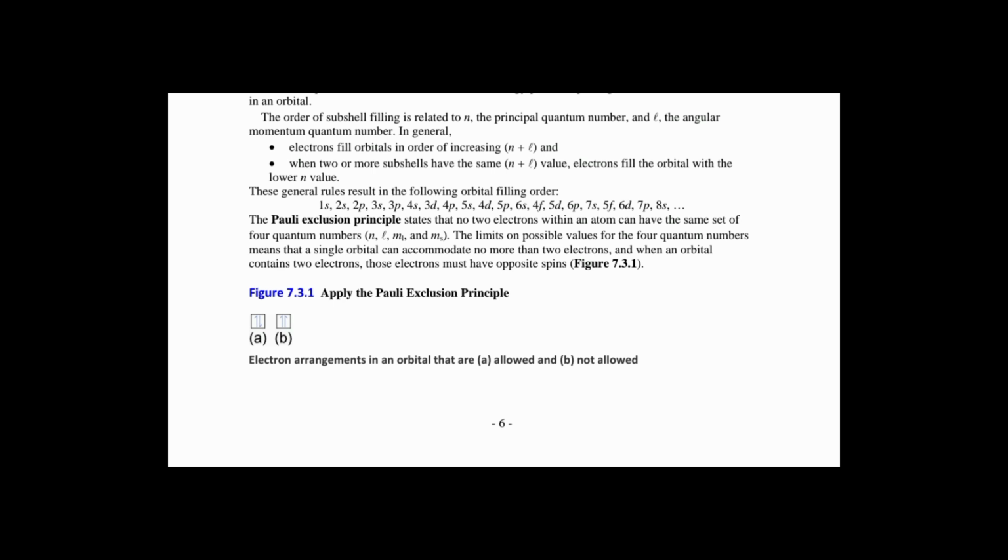In the case of 4s and 3d, 3d has 5. The value of the angular momentum quantum number for 3d is 2, because d has the value of 2, so n plus l for 3d is 5. 4s has 4, because the value of the angular momentum quantum number for s is 0, and 4 plus 0 is equal to 4.